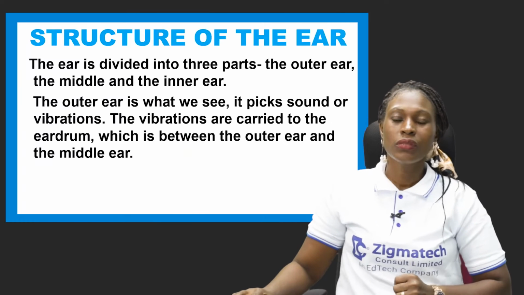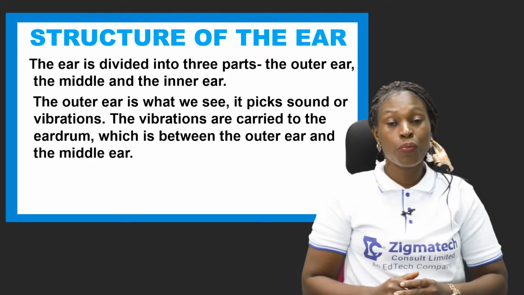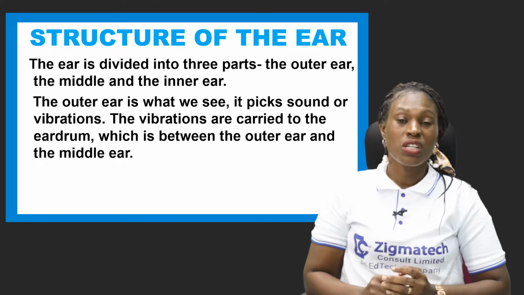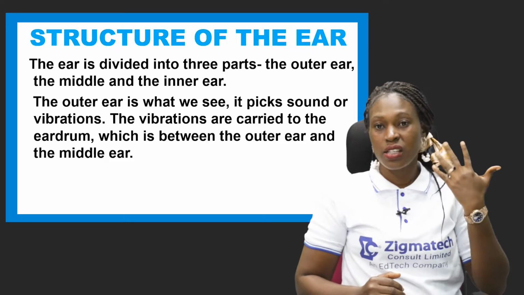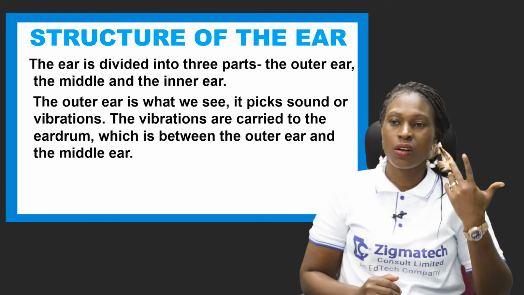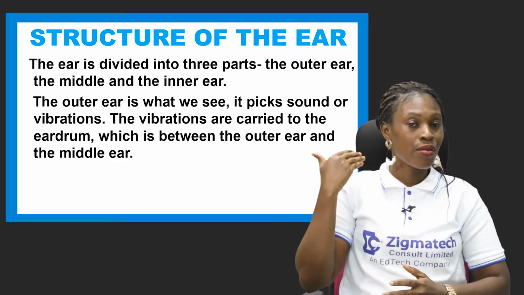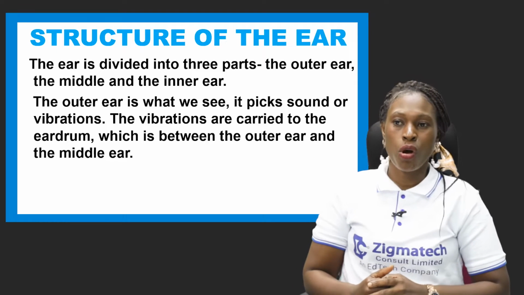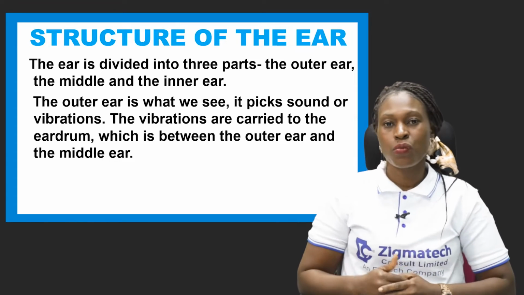Now, the structure of the ear. The ear is divided into 3 parts: the outer, the middle, and the inner ear. The outer part is the one we can see. It picks up sounds and vibrations, which are then carried to the eardrum, which is between the outer ear and the middle ear.